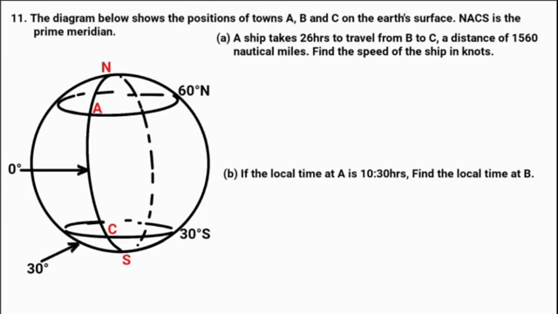We know that the formula for speed is distance over time. So what is the distance given? When you go to the statement in the question, you see we are given 1,560, and it is in nautical miles.